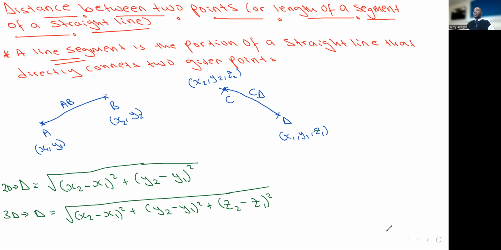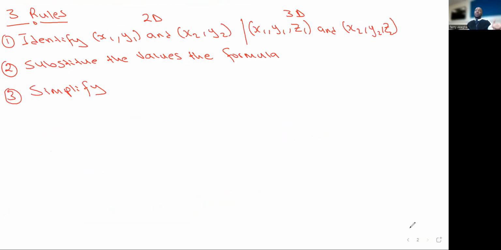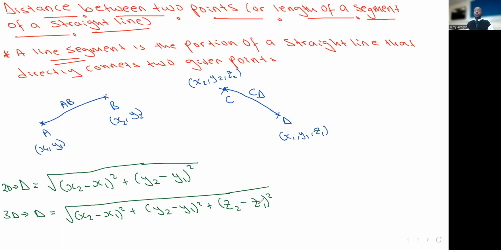Then the next thing is that when you've done that, you simplify and you solve and you get an answer. So what I will do now is pick some examples. Just to remind you, when you have 2 points, the first point has a coordinate x and y, which is a 2-dimension. The second point also has a coordinate x2, y2.